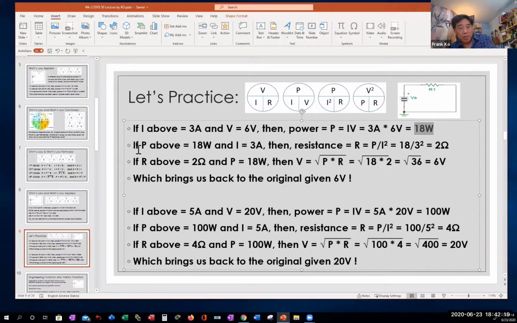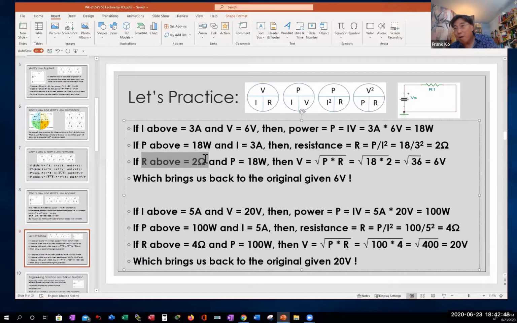Now, in the second bullet point, if power is equal to 18 watts and current's equal to 3 amps, what's my resistance? Resistance would be given as P divided by I squared. Works out to be 18 divided by 9, which works out to be 2 ohms. You can take your time and go through these calculations afterwards, and let me walk through these with you.